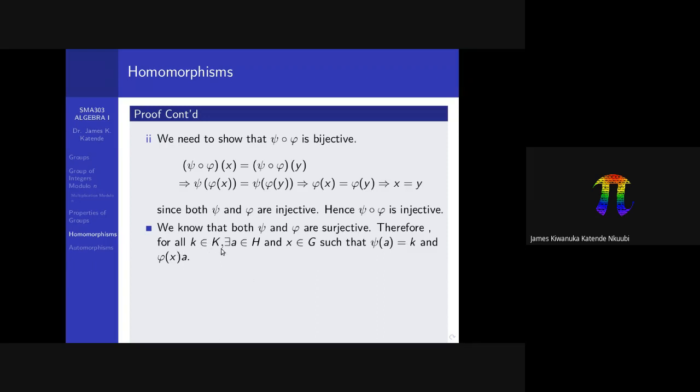Because phi is surjective, for any element you pick from K, remember this map was from H to K. This one was from G to H. So we consider this first. If you pick any k in the image of this map, because it is surjective, there must be an element in H which is mapped onto it.